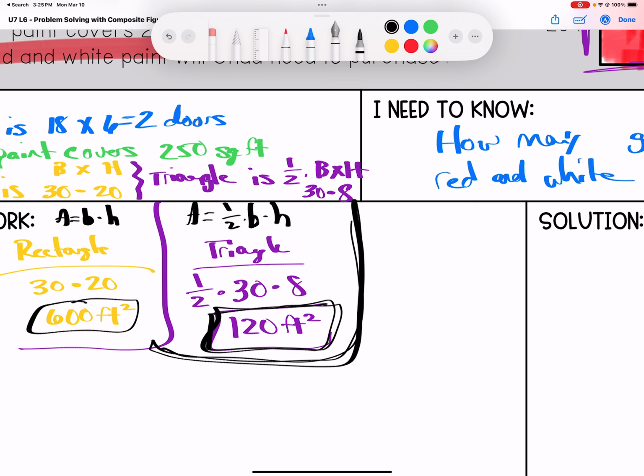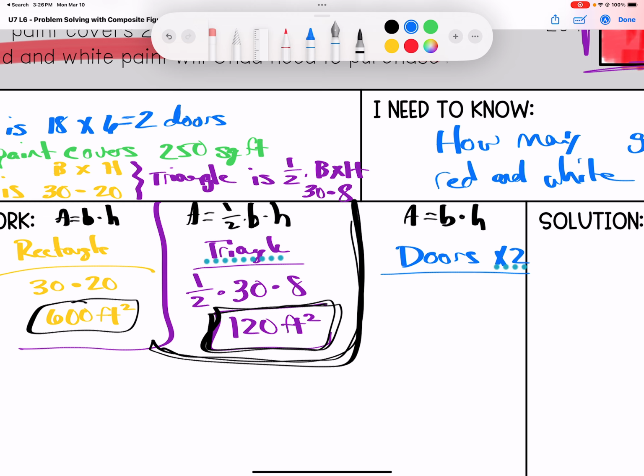The doors were in blue. So this is the doors. We're going to say doors times 2 because there's 2 of them. The formula for the doors is area equals base times height because they're rectangles.